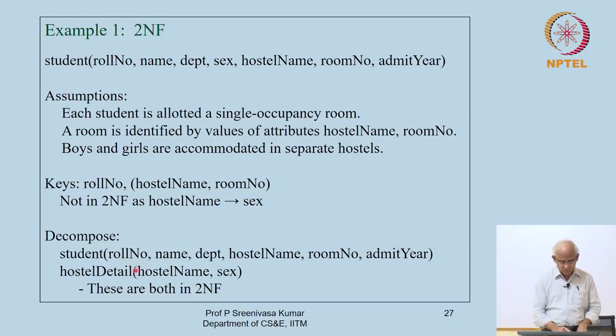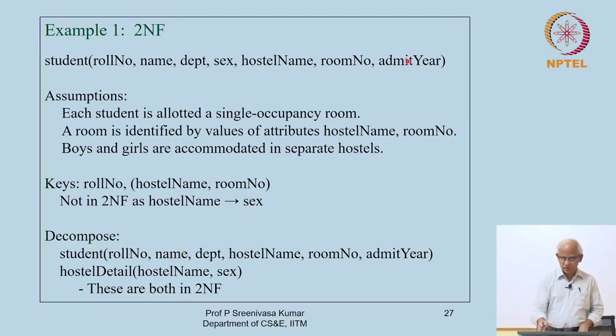What are the prime attributes here? Roll number, hostel name, room number, these are all prime attributes. The non-prime attributes are name, department and admit year. So, name is fully functionally dependent on both roll number as well as hostel name, room number, and so is the case with department and admit year. Okay. So now this relation is actually in second normal form.